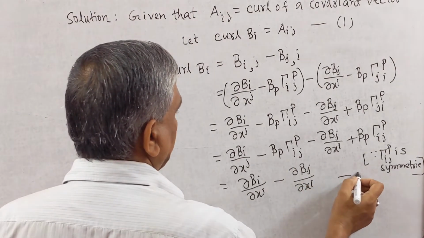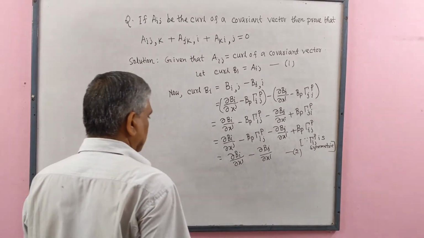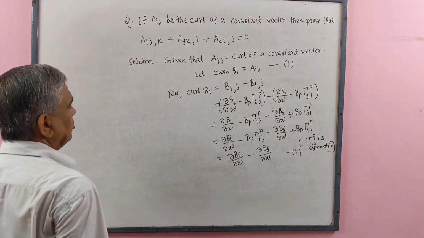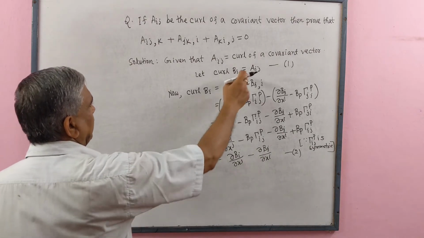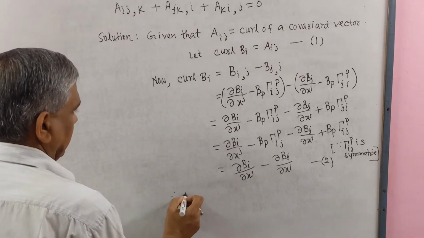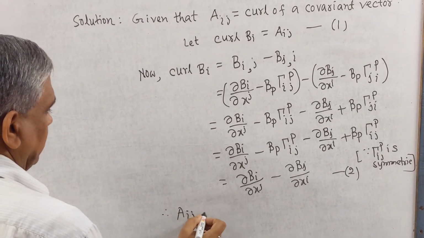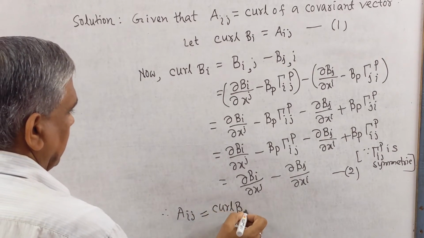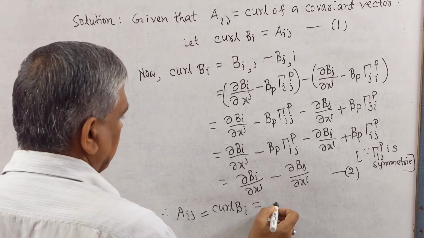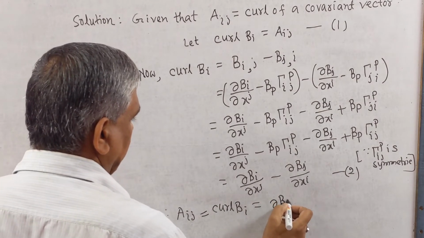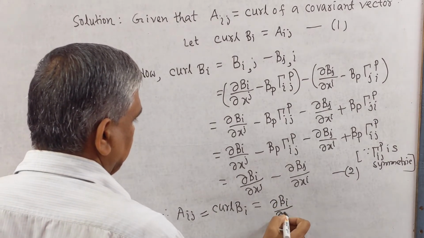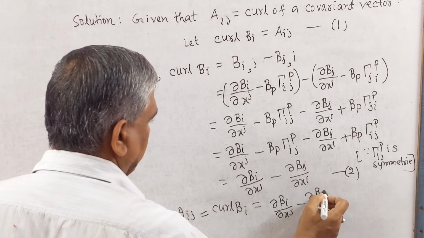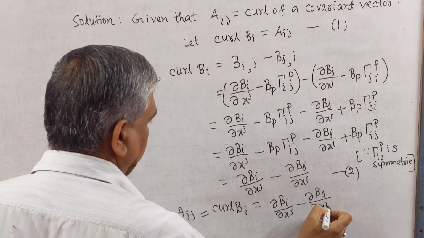This is number 2. Since we have curl b_i equal to a_ij, therefore a_ij equals curl b_i, equal to ∂b_i/∂x_j minus ∂b_j/∂x_i.